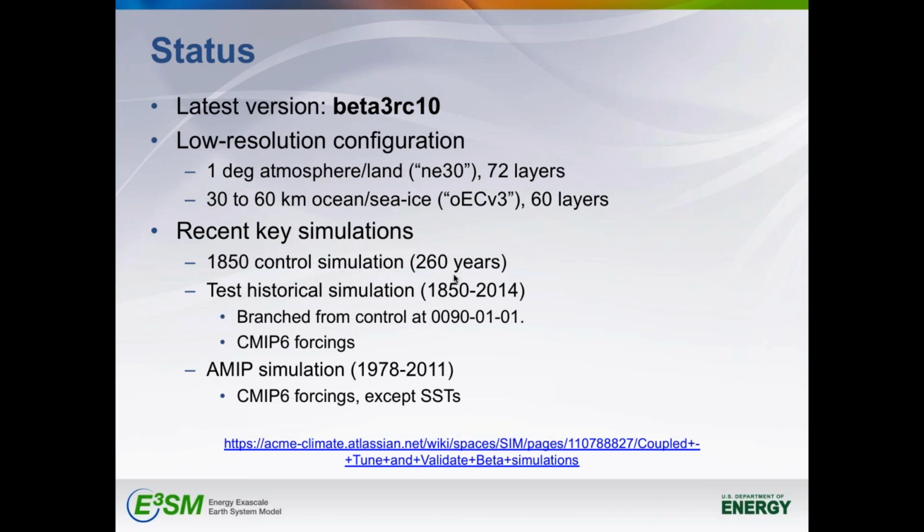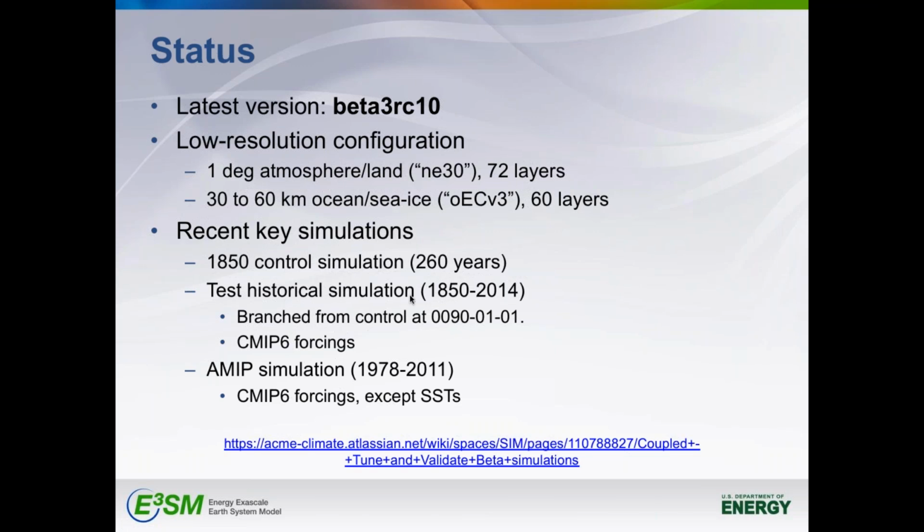And we were also able to do something we have been wanting to do for a long time, which is a test historical simulation spanning the historical record as defined by CMIP from 1850 to 2014. And that simulation was branched from the control simulation at year 90.